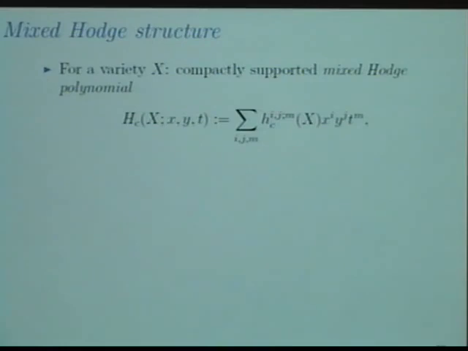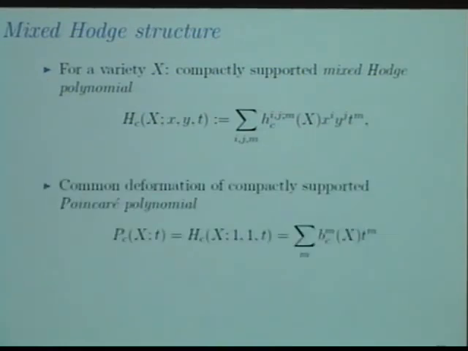This mixed Hodge polynomial simply keeps track of what those numbers are. So what is this thing? We can view it as a common deformation of two other polynomials. The Poincaré polynomial would be if we just set x and y both equal to 1, and we're simply summing for a fixed m all the i's and the j's, and that just recovers the dimension of the space.